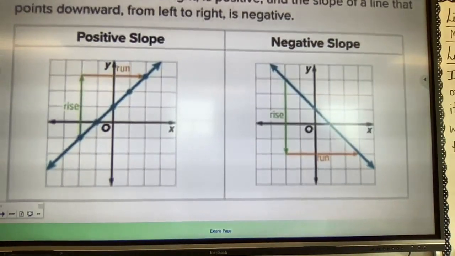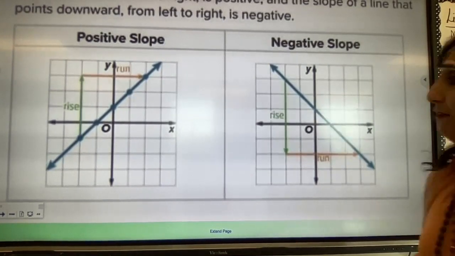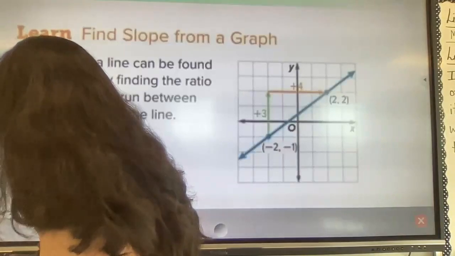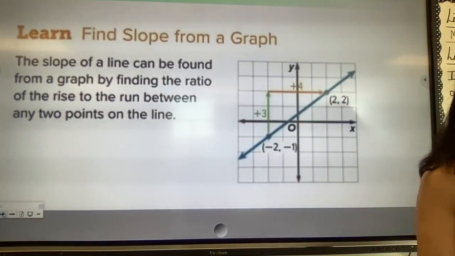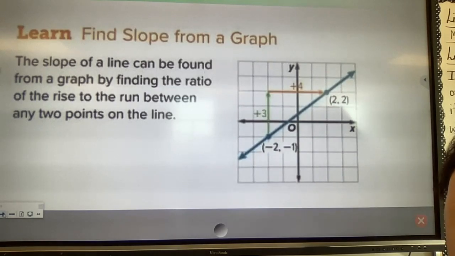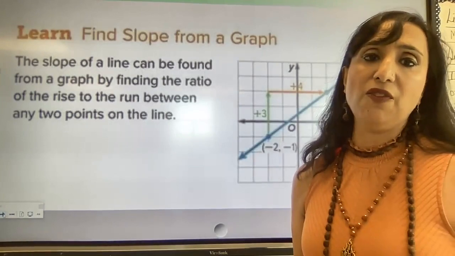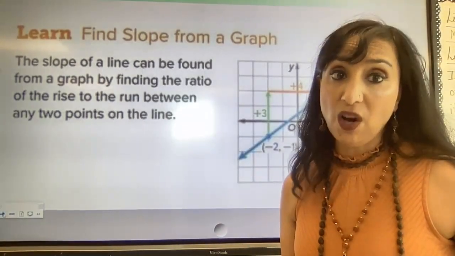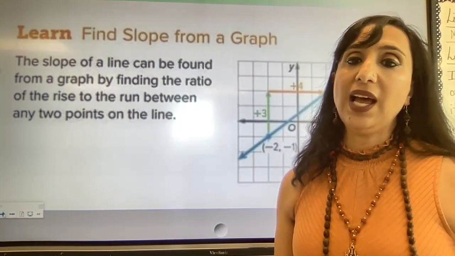Okay, so let me show you how to find slope from a graph. So let's look at this one. Over here we can see that the slope of a line can be found from a graph by finding the ratio of the rise to the run between any 2 points on the line.